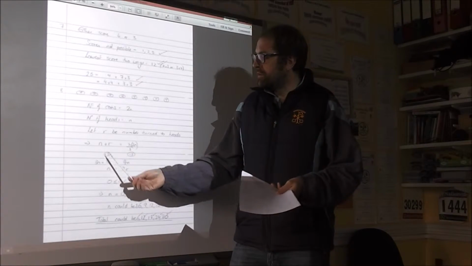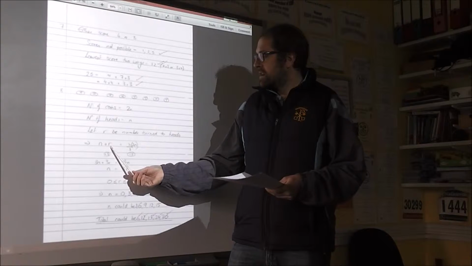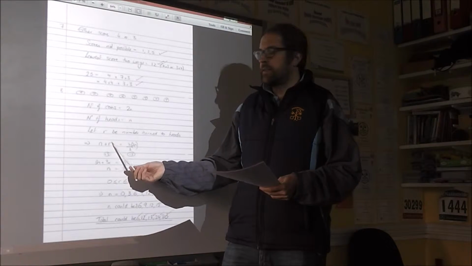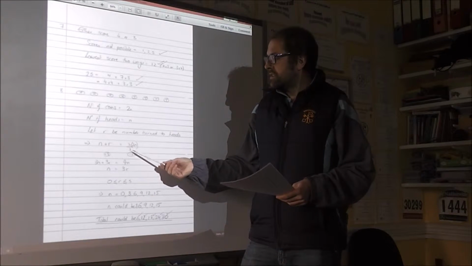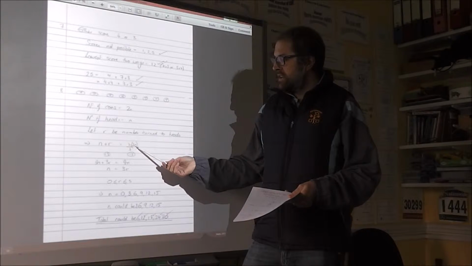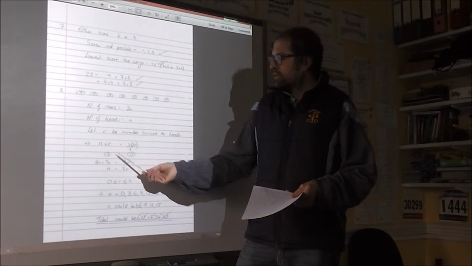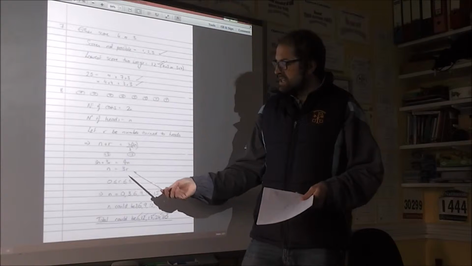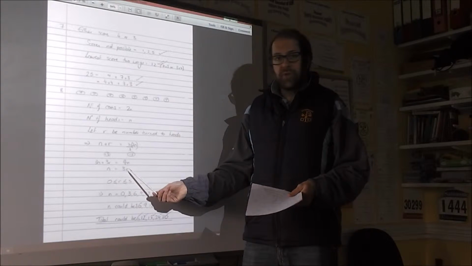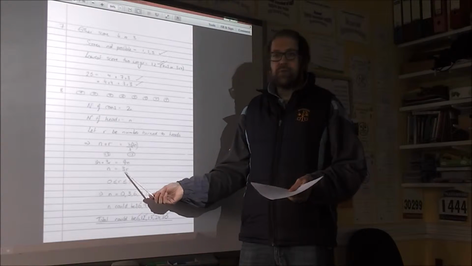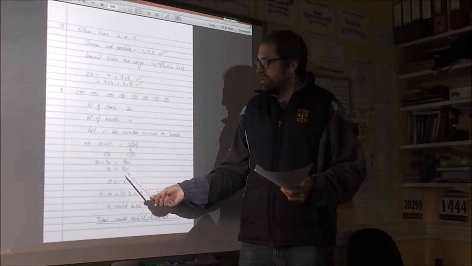So the equation I formed was the number of heads plus the number that would turn to heads is now 2/3 of the total number of coins, which if you multiply by 3 and then collect like terms, you've got n is 3 times the number of coins that turn to heads.